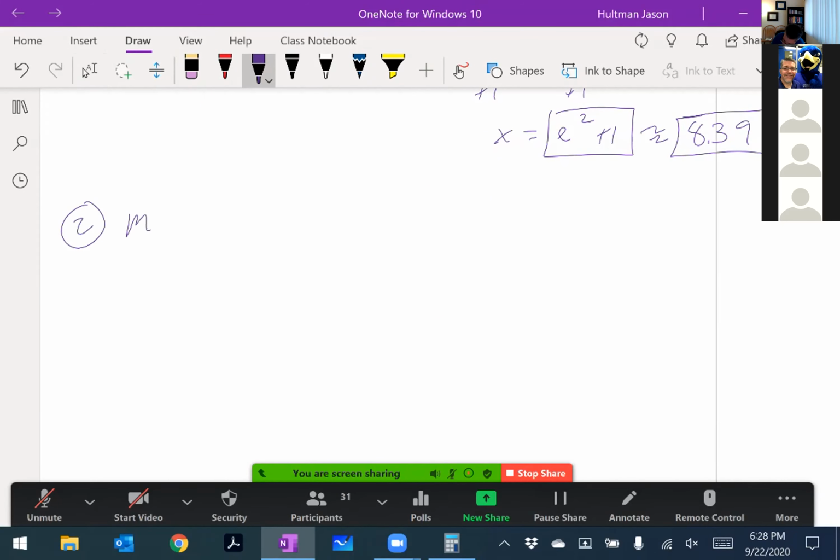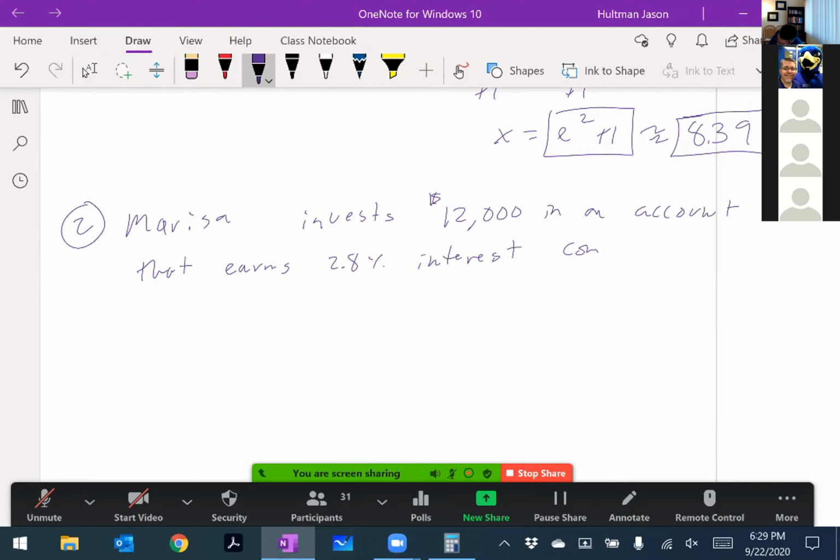Number 2, Marissa invests $12,000 in an account that earns 2.8% interest, compounded continually. When will her account double?